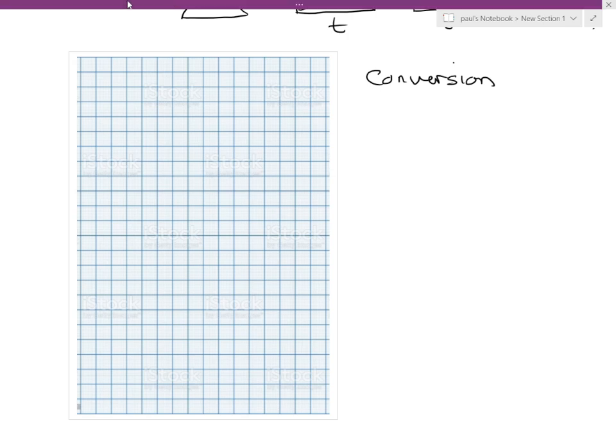Let's put it over to the left so that we can see. Now this one is called a conversion graph, and it's nice and easy. A conversion graph. We'll just do something like this.